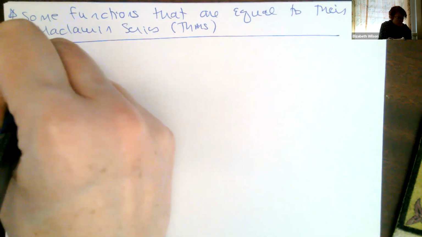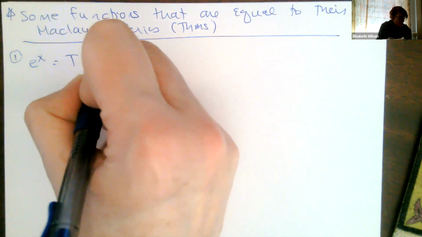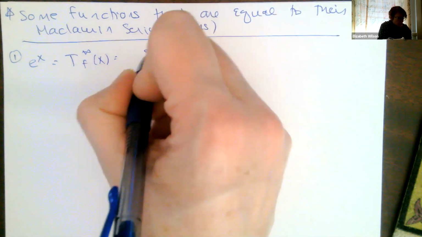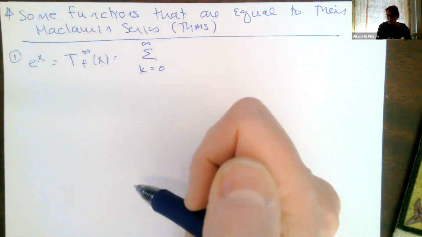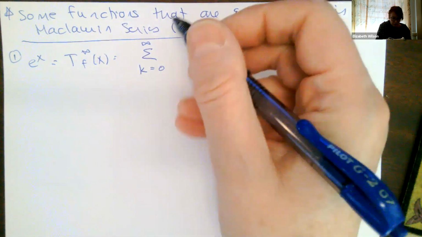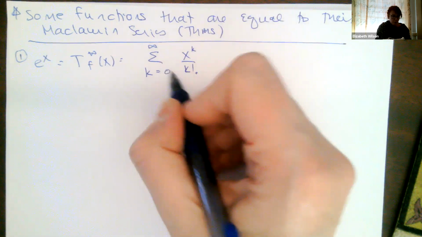So e to the x as a Maclaurin infinite series is going to be, we'll start off with k equals 0. So we're using a different variable k. It doesn't matter if you use k or n or whatever. The sum of x to the k over k factorial. So in summation form, right?